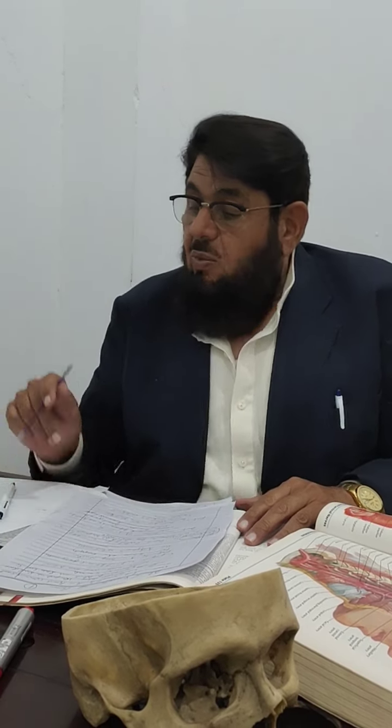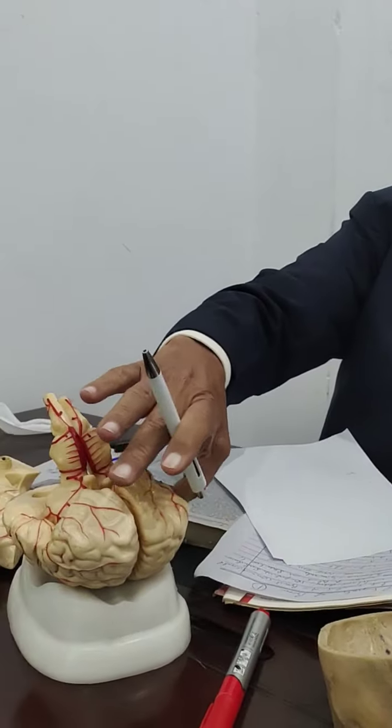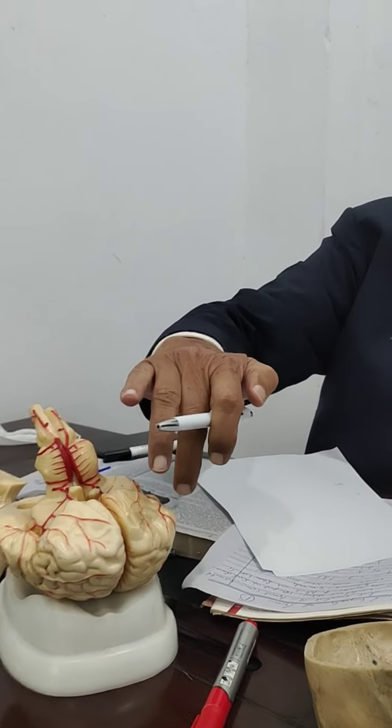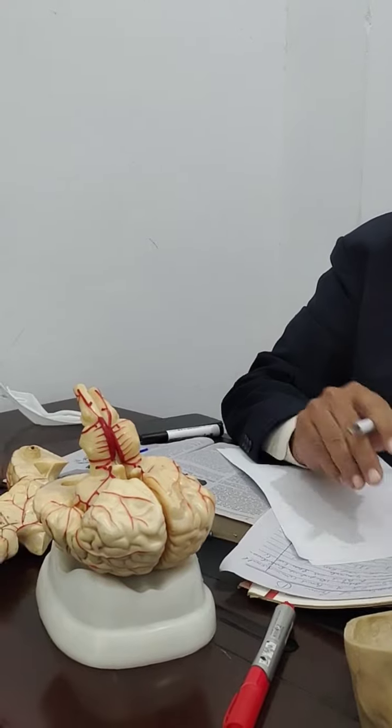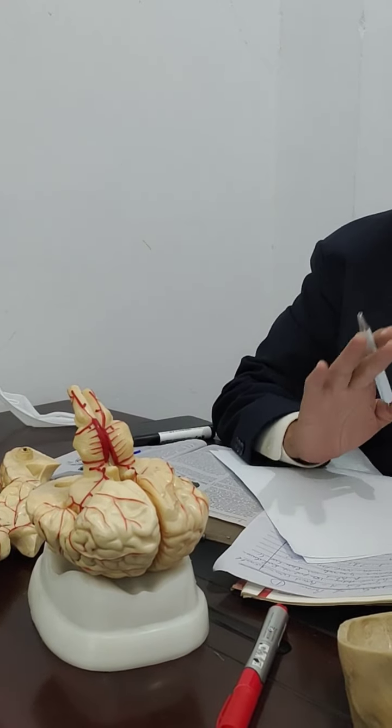Okay, this point. Secondly, note that the gray matter of the brain, whether in the cerebral cortex or deeply lying nuclei, needs much more blood supply as compared to the white matter.